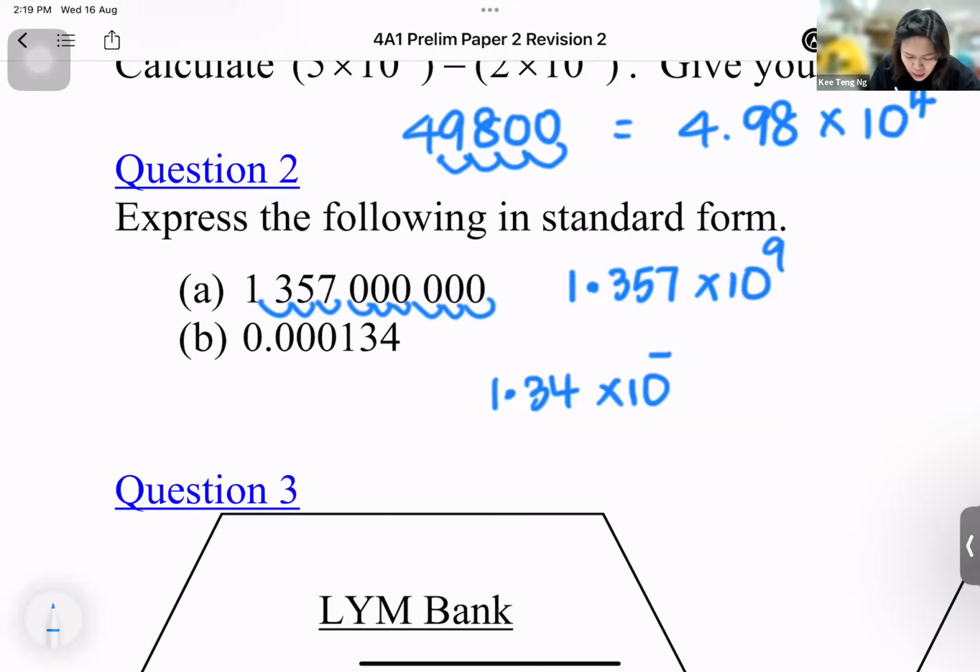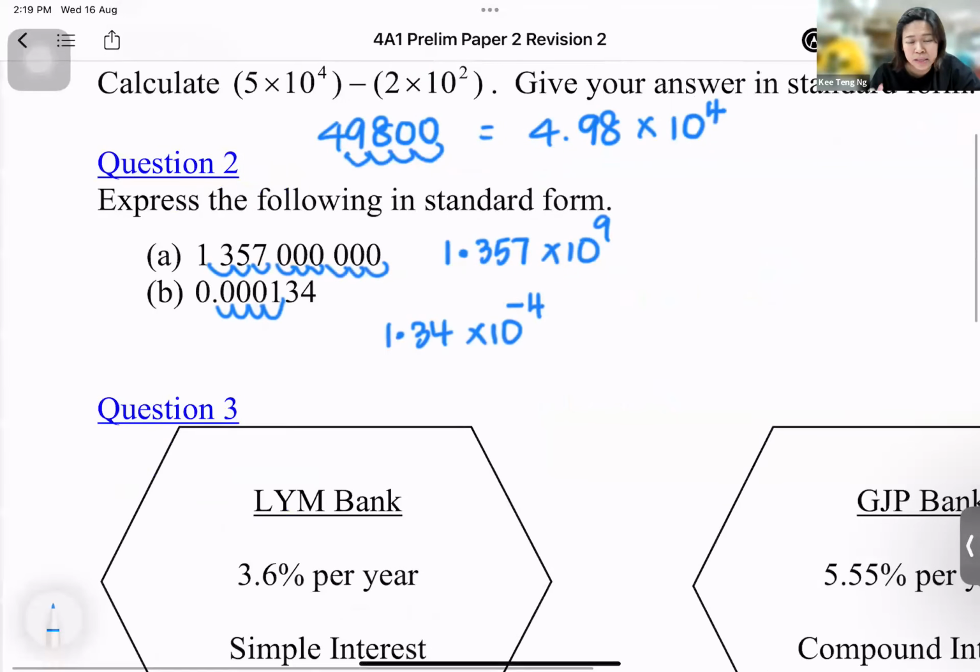Then Amiri, how many? Negative 4. Good. Thank you. So these are the basics. Some of them you can do multiplication, division also. So please make sure you put the brackets as necessary, okay?